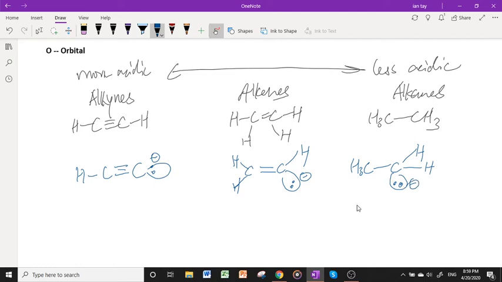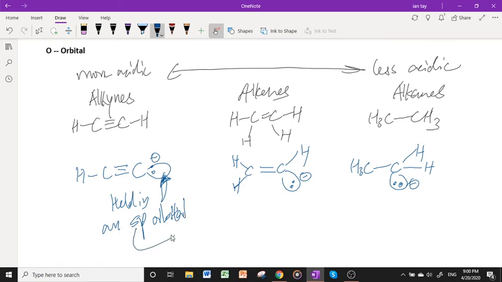We note that in the alkyne molecule, the deprotonated alkyne to be more specific, the negative charge is held in an sp orbital.